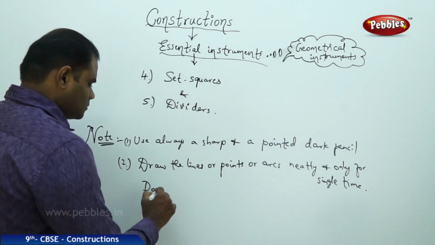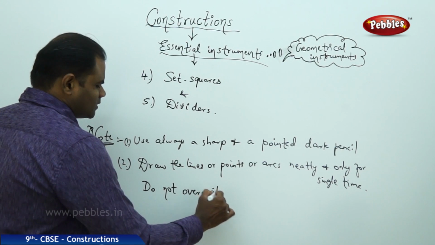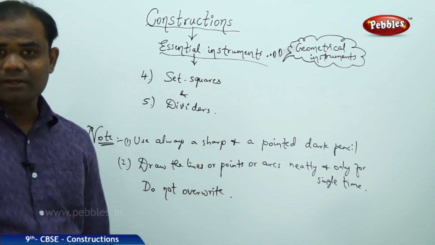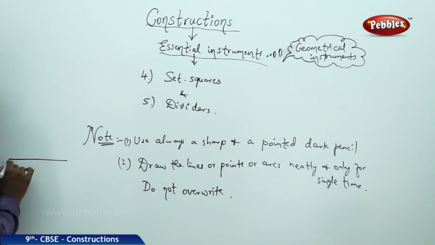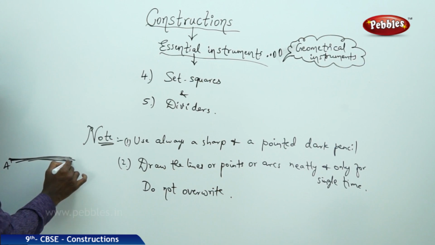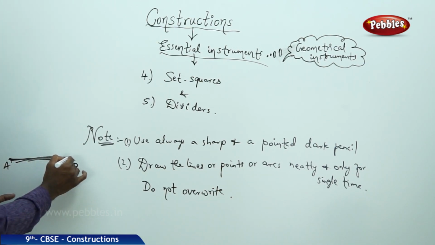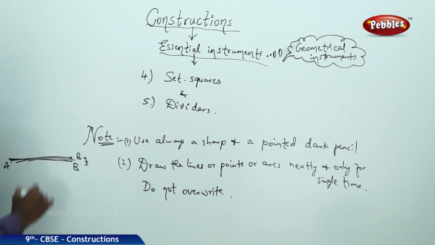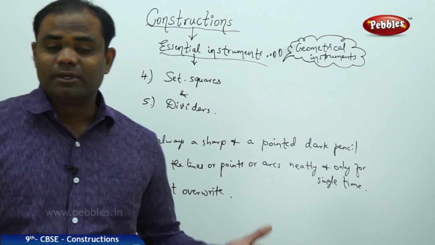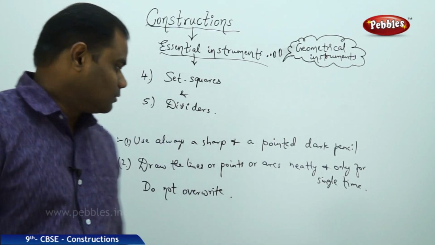So do not overwrite is the suggestion I would sincerely give to the students, because if you draw a line and overwrite it in such a manner, then your point A and point B, which were actually here, jump here because of overwriting. This error of difference makes the whole construction wrong and not perfect. So do not ever overwrite.